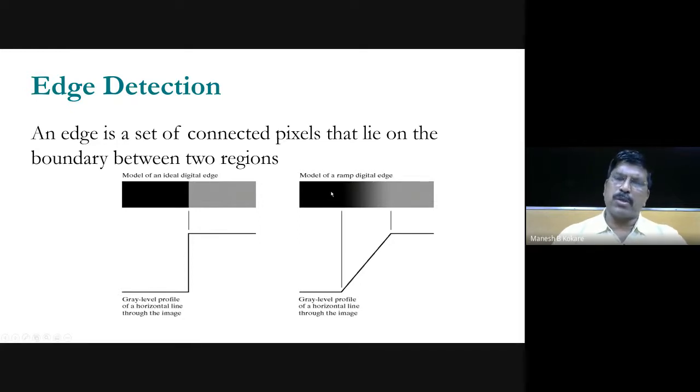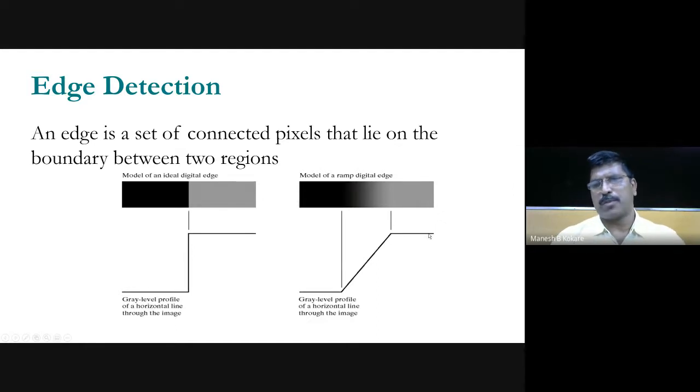Also, we talked about this yesterday: if intensity is gradually changing, then it's really challenging to detect the edge. The gray level of this region is black, and then the gray level is increasing, and that's why this gray level profile is also increasing, up to this point, and after that it remains the same.